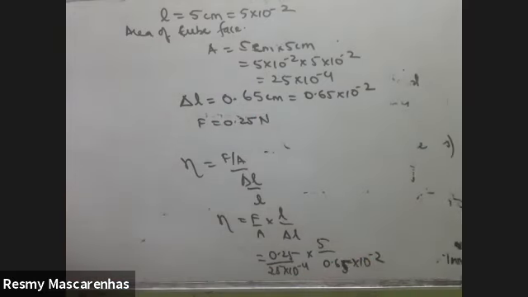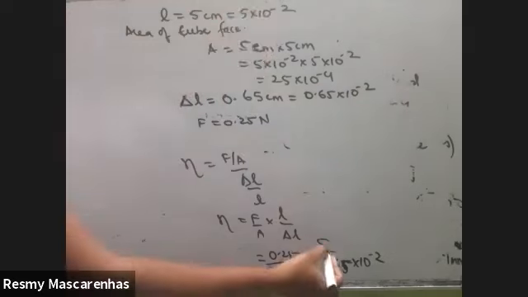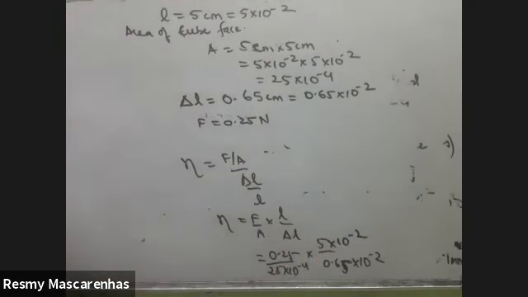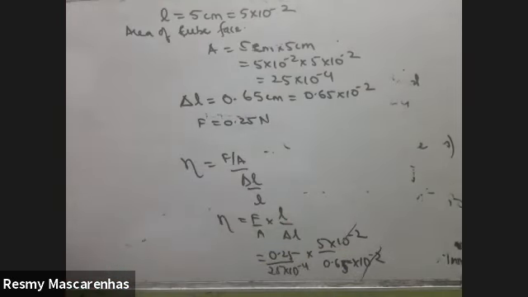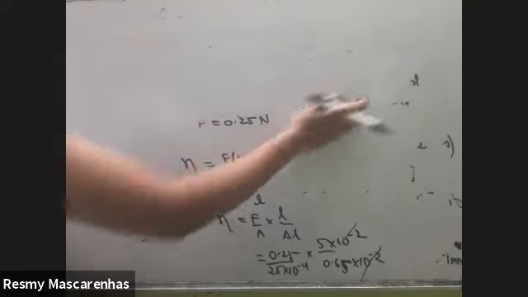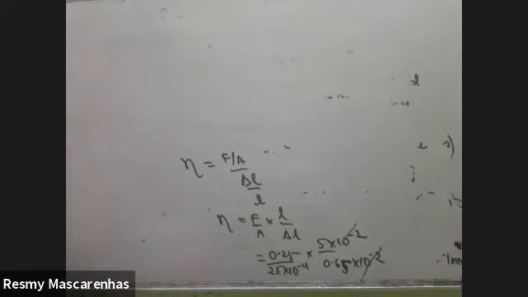Now calculate. This also is 5 into 10 raised to minus 2. This and this will cancel. The rest you calculate and write the answer. And the unit will be Newton per meter square.